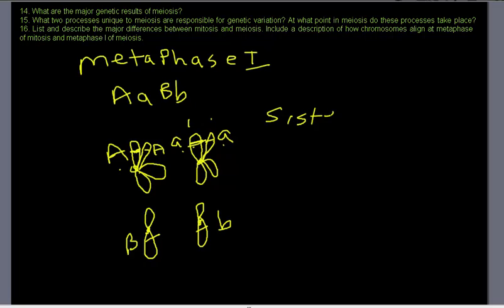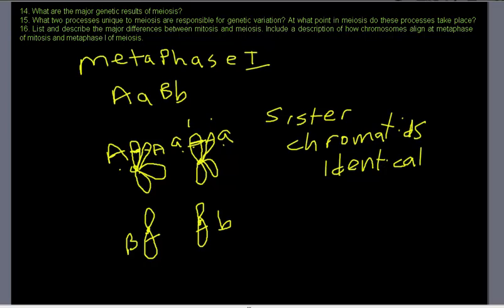If we ignore crossing over, because it just is there to confuse us now, before crossing over occurs, sister chromatids are identical. They have to be. They just got copied. This got copied and made a copy of that. So DNA replication, copying that.